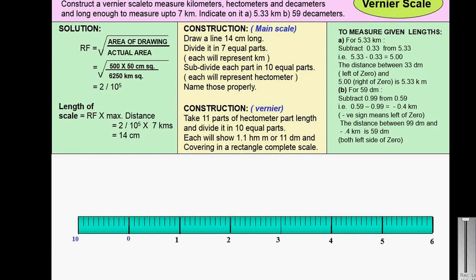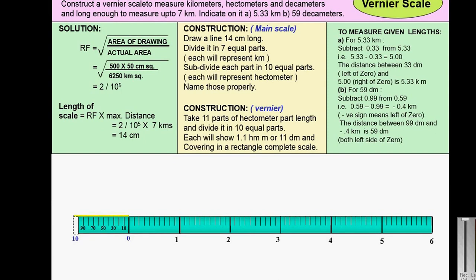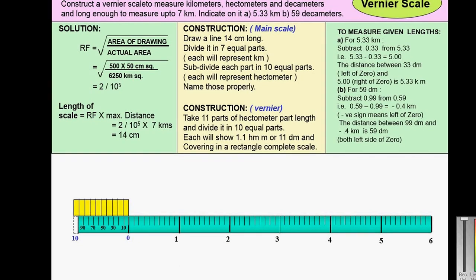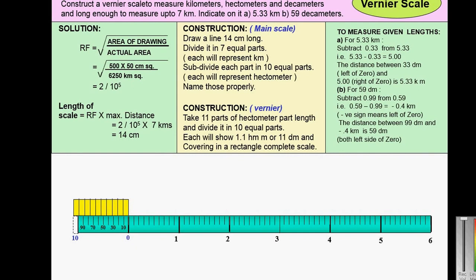Take 11 parts of the hectometer length and divide it into 10 equal parts. This yellow color represents the vernier scale, and each division will show 1.1 hectometer or 11 decameters. Then cover the complete scale in a rectangle.